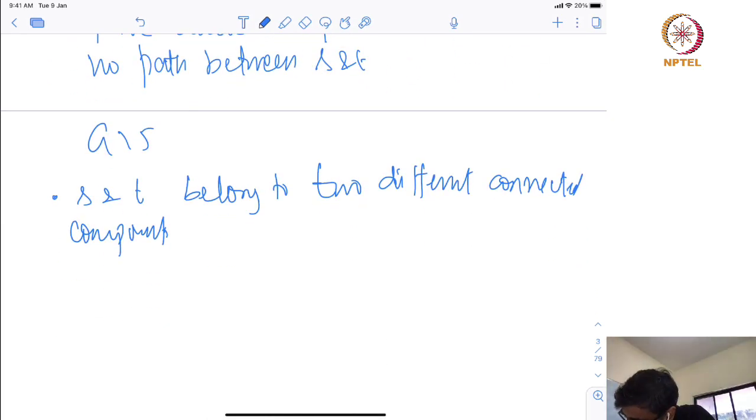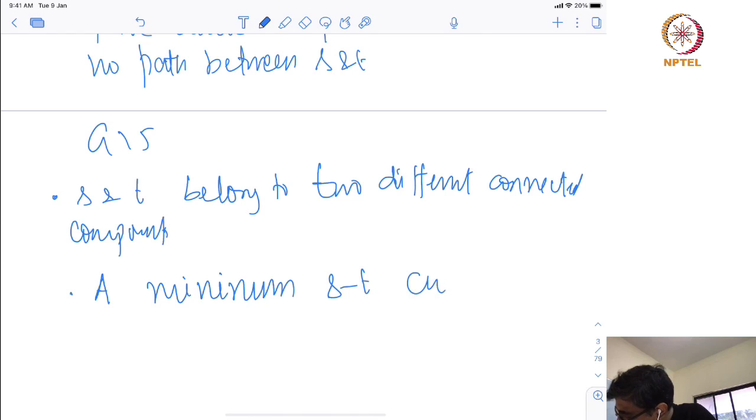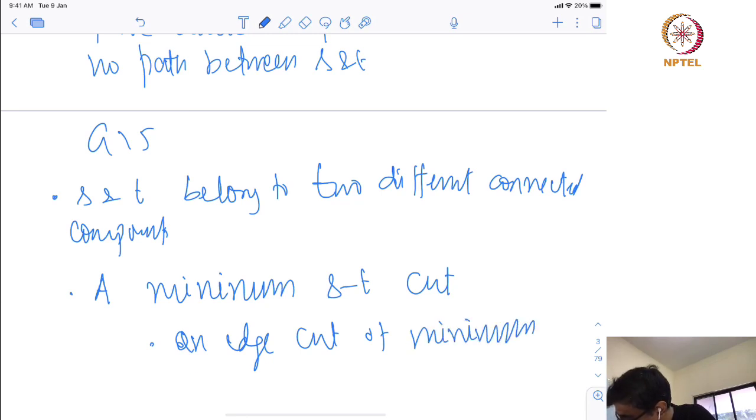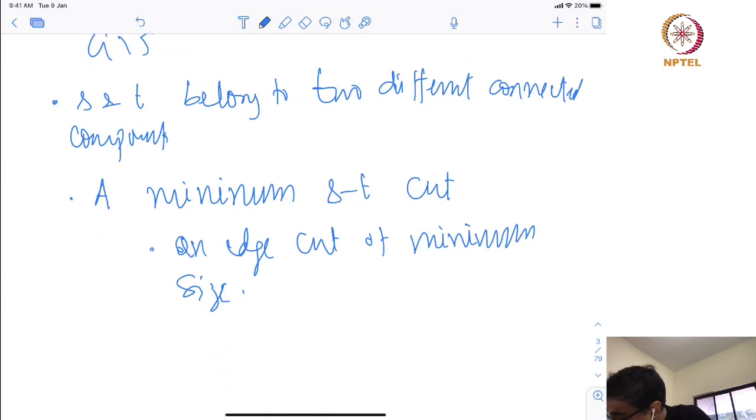And what is the minimum ST cut? An edge cut of minimum size. And what is a minimal ST cut?